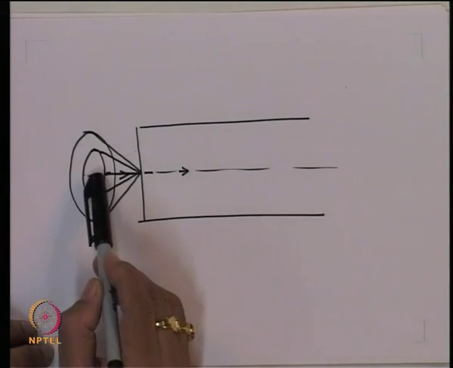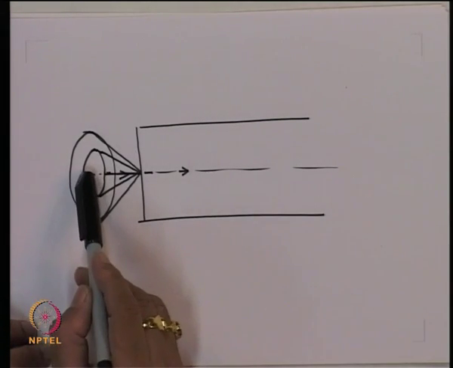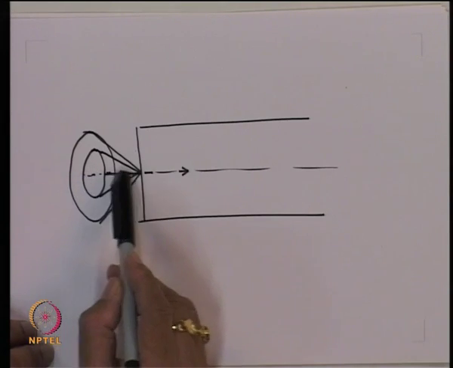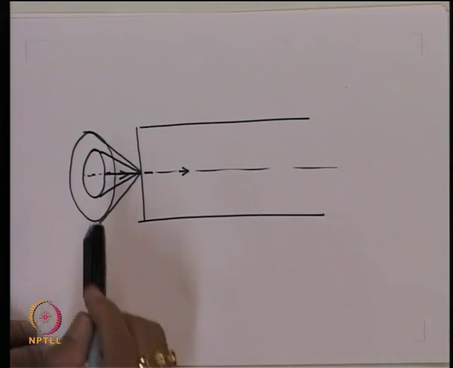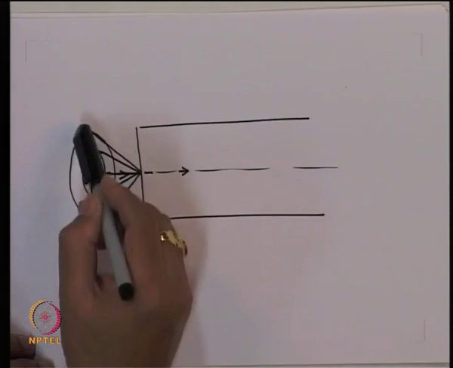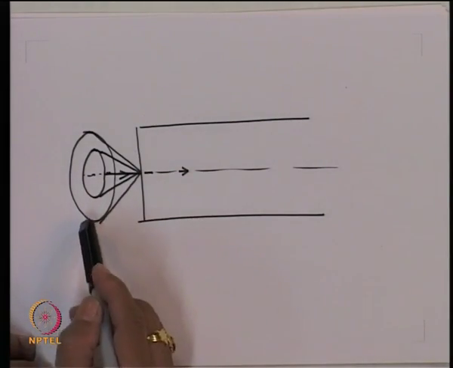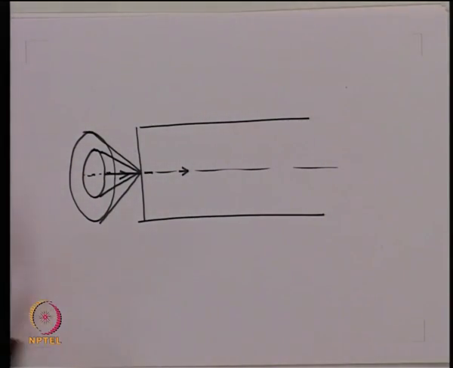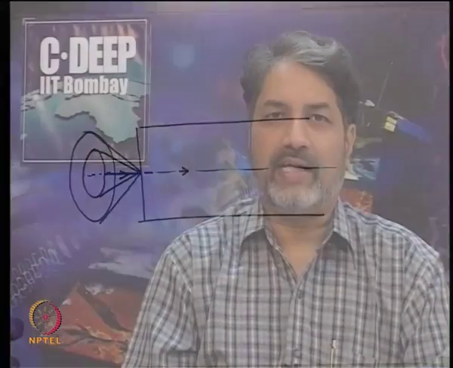So, the mode which is created inside the optical fiber corresponding to the ray which is launched along the axis, that mode we call as the lowest order mode. Then there will be next mode, then there will be next mode, and beyond the numerical aperture the ray cannot be launched inside this. So, you have a finite number of modes which can propagate inside the optical fiber.